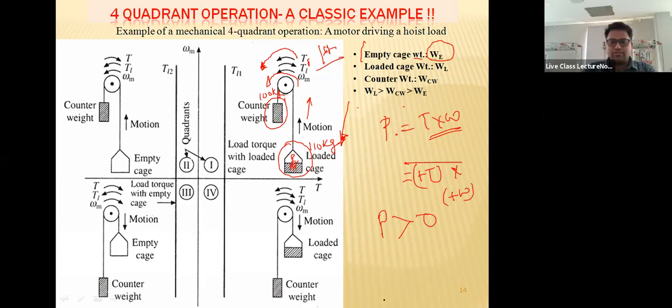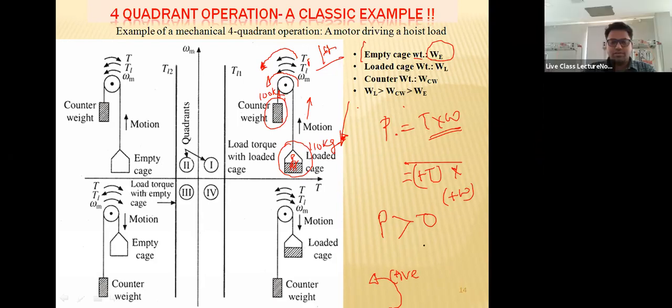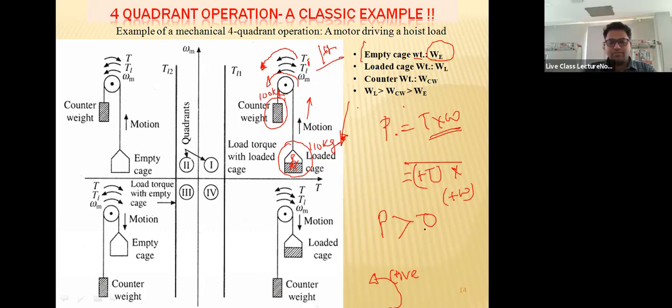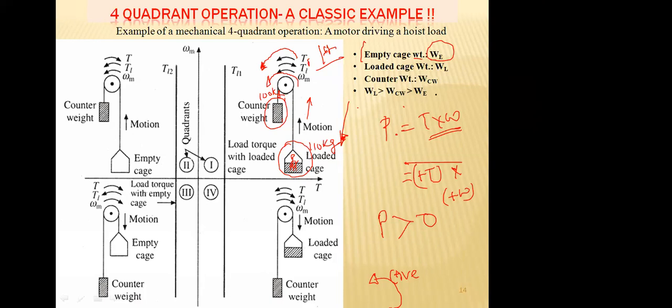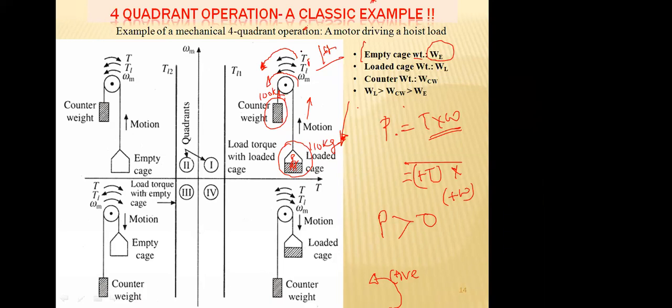We always think anti-clockwise is positive and clockwise is negative. There is no particular reason, but this is the convention. So both are anti-clockwise in the first quadrant, right?